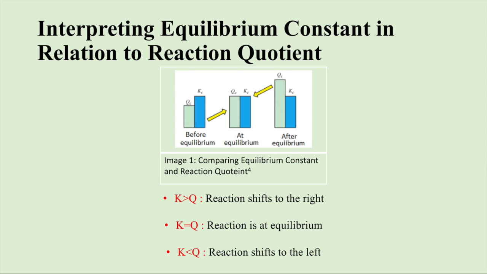When the equilibrium constant is less than the reaction quotient, the reaction moves to the left. Now, I don't know about you guys, but this image above really helps me visualize how you can interpret the equilibrium constant in relation to the reaction quotient.